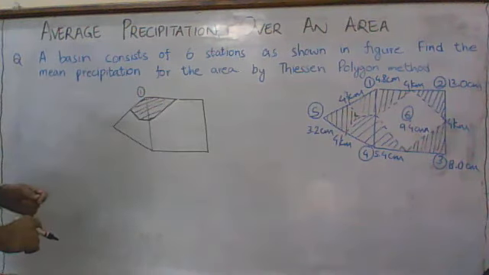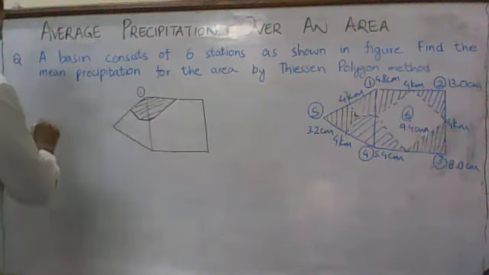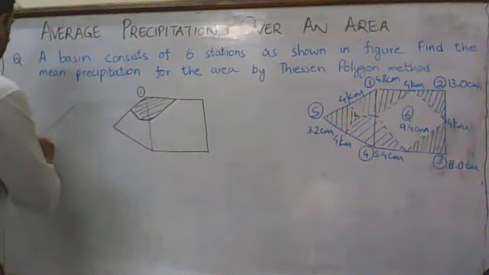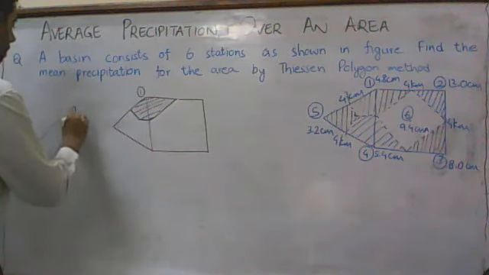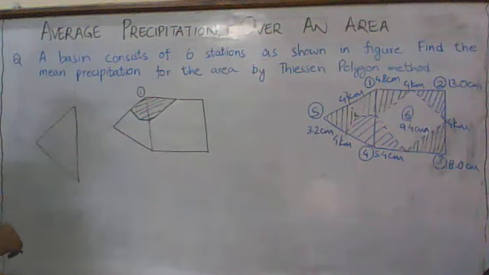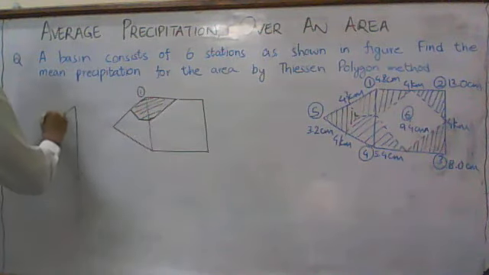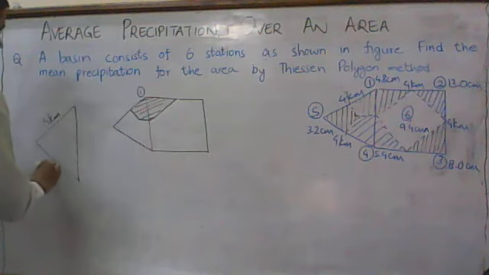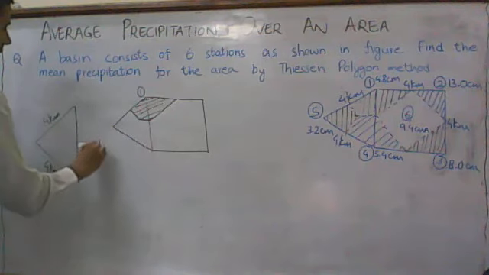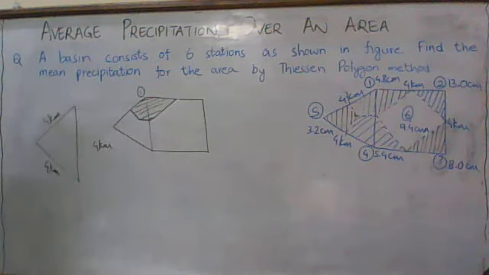Okay. Now if we consider this equilateral triangle, what are the sides of the equilateral triangle? It is 4 kilometers. We need to find the area of this equilateral triangle.